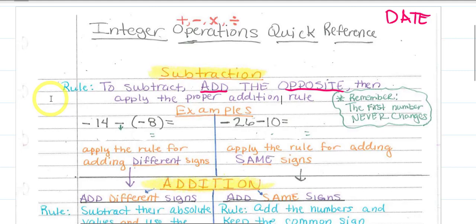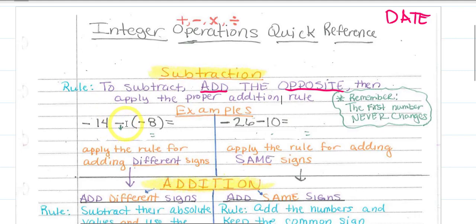Okay, so now that you've copied that down, let's start with this first example over here where we have negative 14 minus negative 8. If you remember in class, I've emphasized this a lot with you guys. Before you start considering positive or negative numbers, what operation you're going to do to solve it, I want you to focus on what operation is being presented to you in the problem.